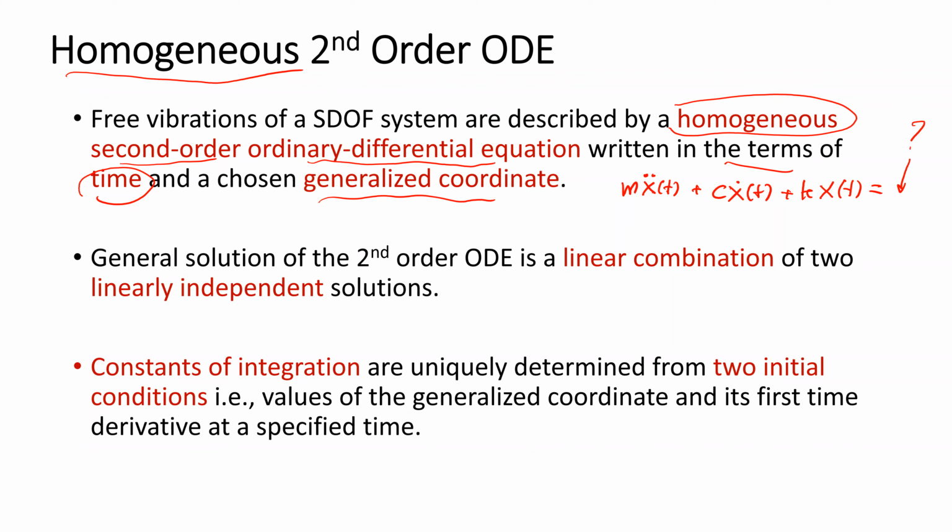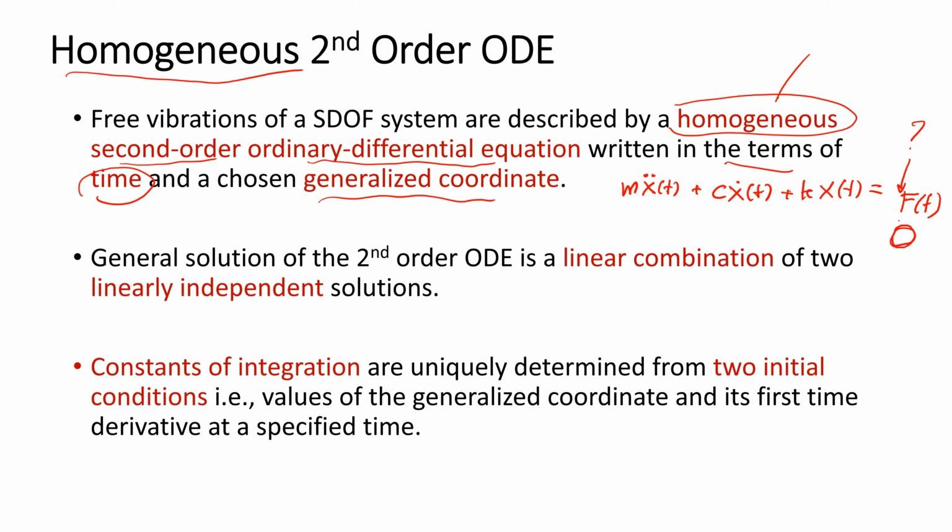What should be on the right hand side of the equation if we say this is homogeneous? Any idea? Homogeneous means the right hand side of the equation will be 0.